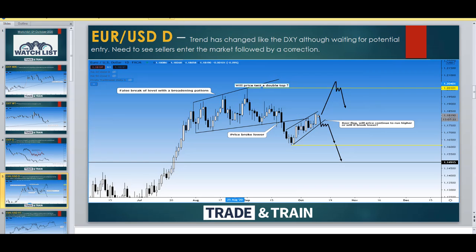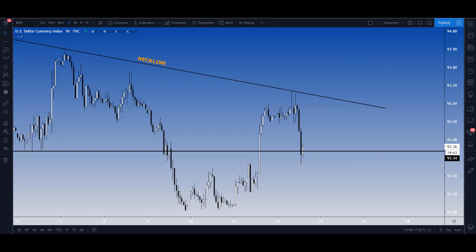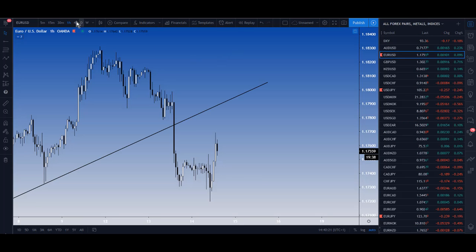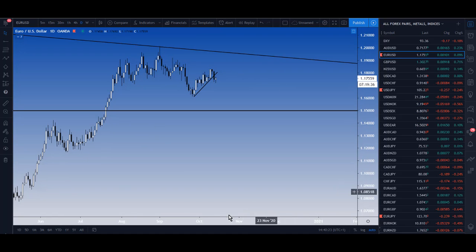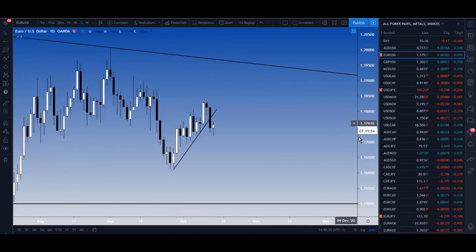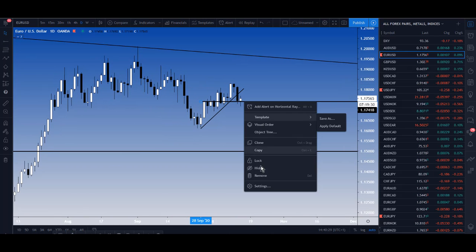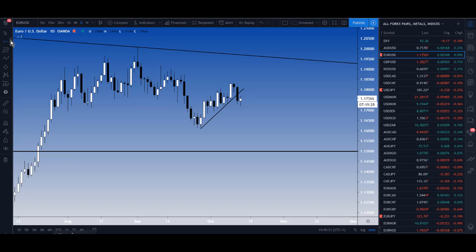So let's go and have a look at that euro dollar chart and see what's happening. And here we go, euro dollar daily chart. So there's that pattern we were looking at in the watch list.